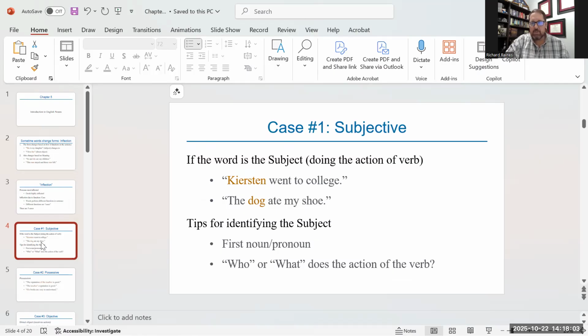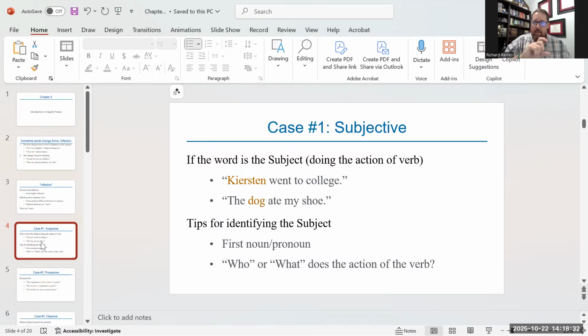So the dog ate my shoe, right? Kirsten is the subject, the dog is a subject. Typically in English, we identify the subject: it's usually the first noun or the pronoun, and it typically is the who or the what related to the action of the verb. Now, I'm going to warn you a little bit, and it's not hard, you just have to figure it out.